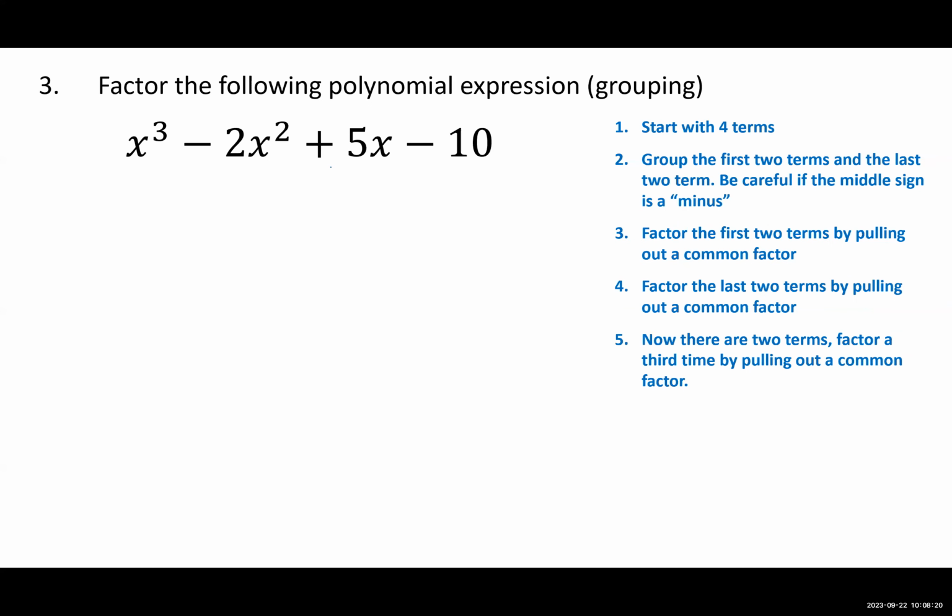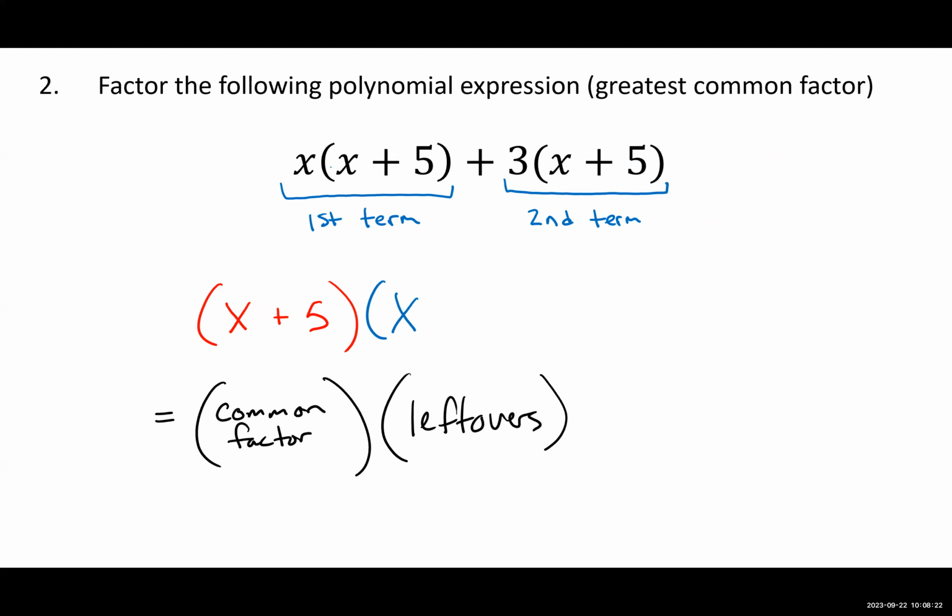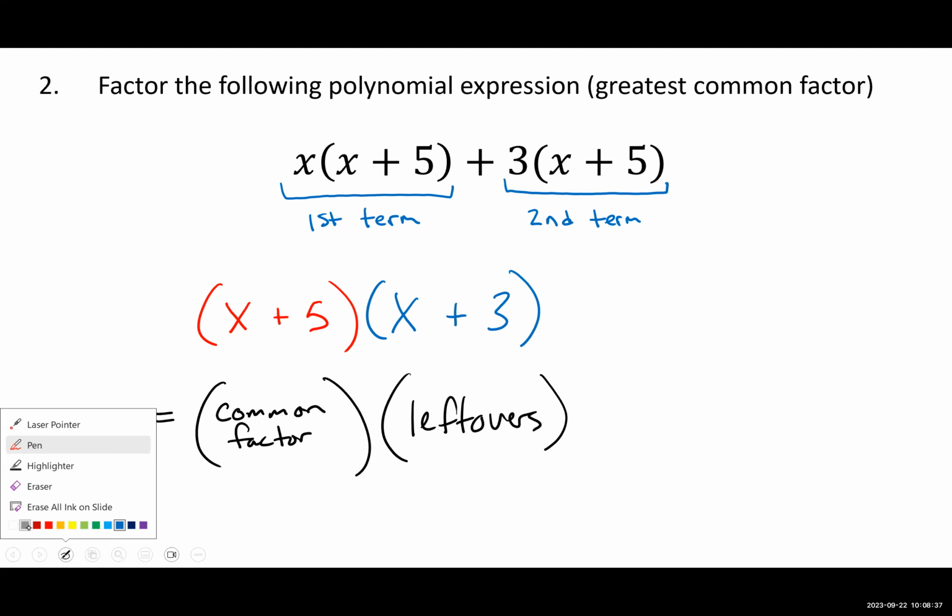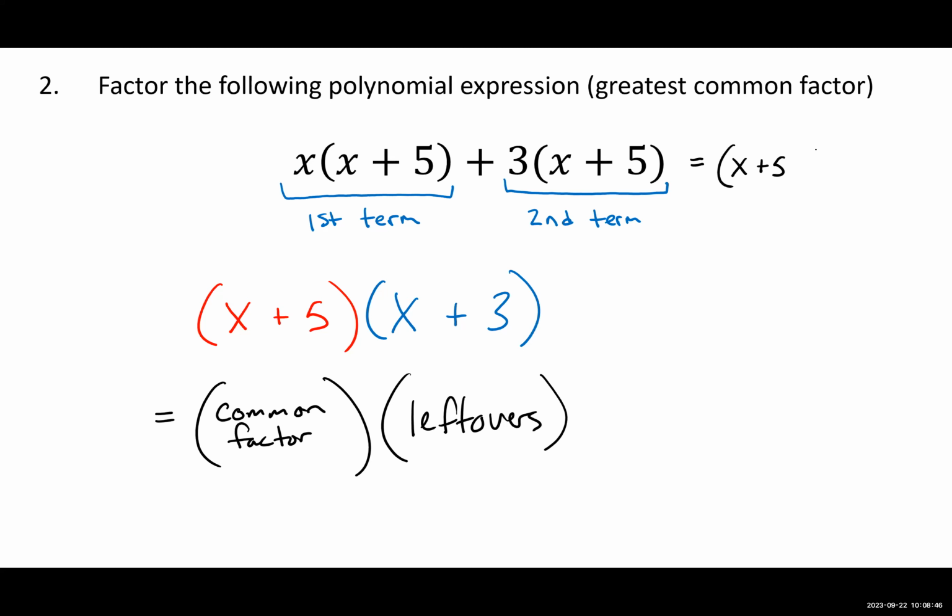The x plus 5 came out, we're left with the x. Second term, the x plus 5 came out, and we're left with a 3. So that would be our final answer for this one, x plus 5 multiplied by x plus 3.